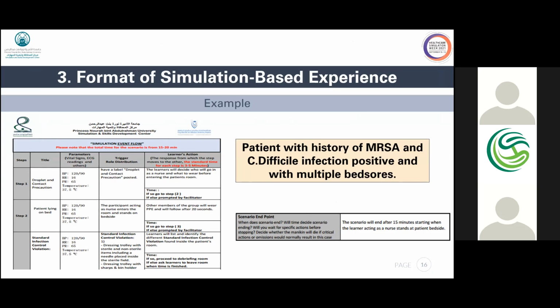And the transition should be very seamless. That is, if there is an aspect in step 1, for example, that is not achieved, there is a cue or a prompt that can be given. So it's a smooth transition between those steps, and seamless, so that I can reach the endpoint.